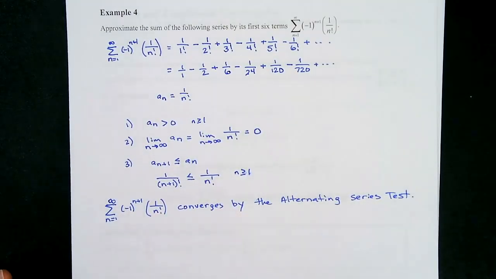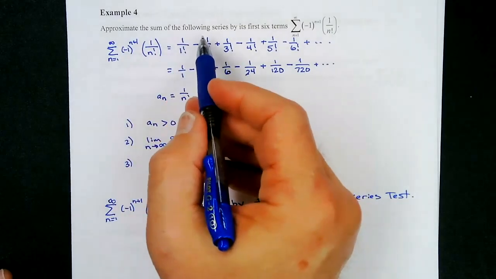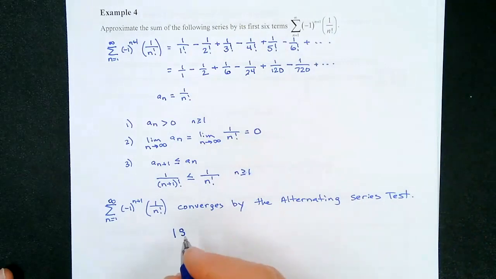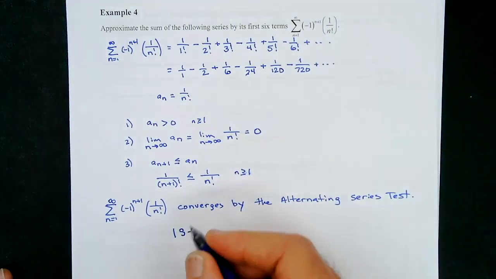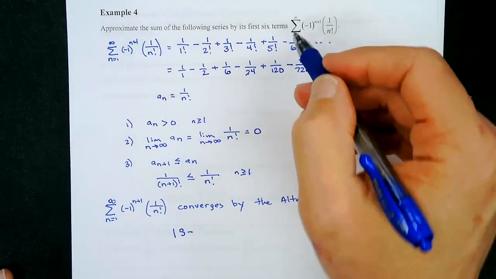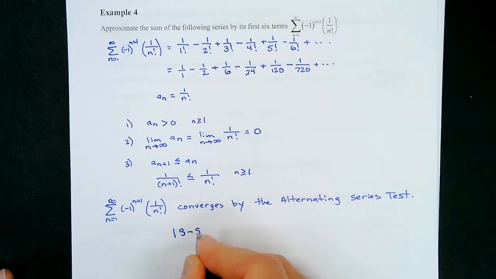All right, so now we don't know what the sum is, right? But I want to approximate the sum of the following series by its first 6 terms. Since this is the first term, second term, third term, fourth term, fifth term, sixth term, that's going to be S minus S sub 6.